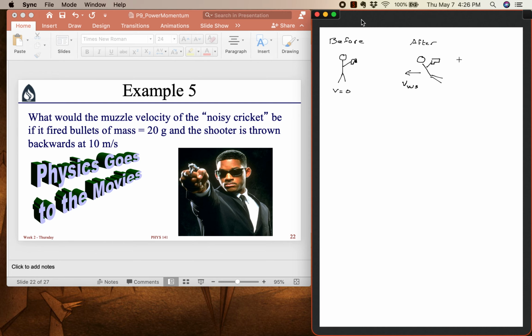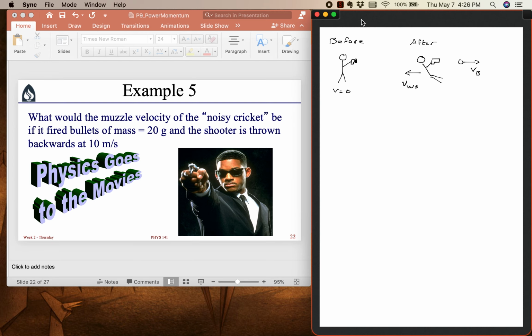And then the bullet is flying forward with some velocity equal to the muzzle velocity of the noisy cricket. So there's our before and our after picture.